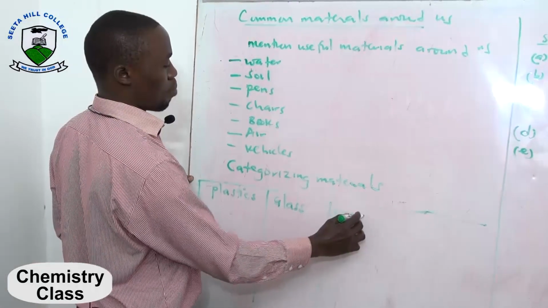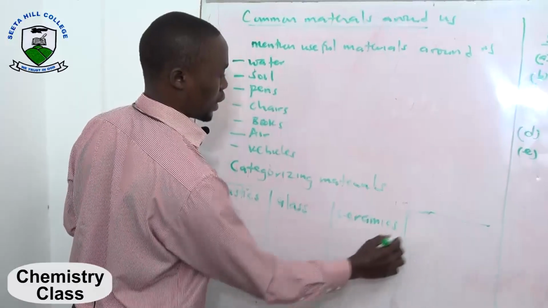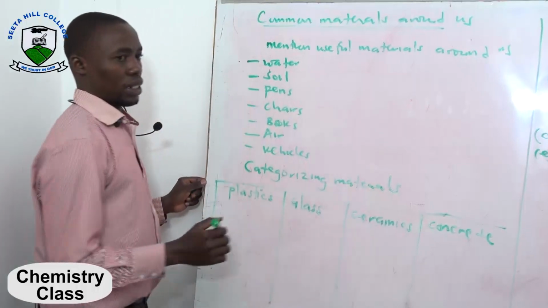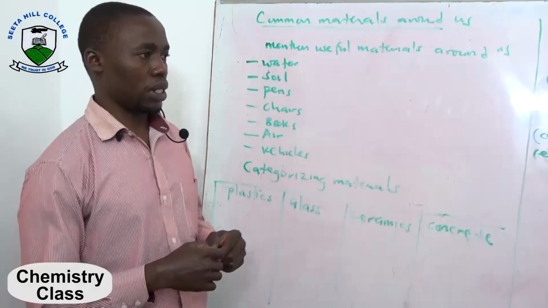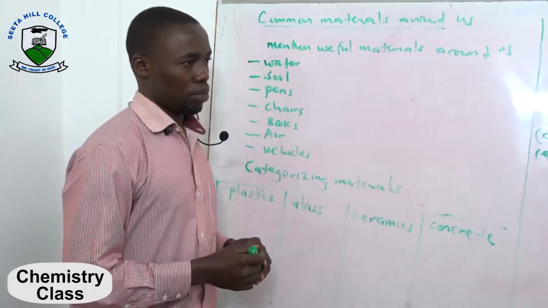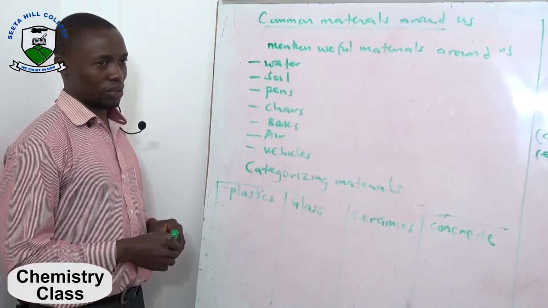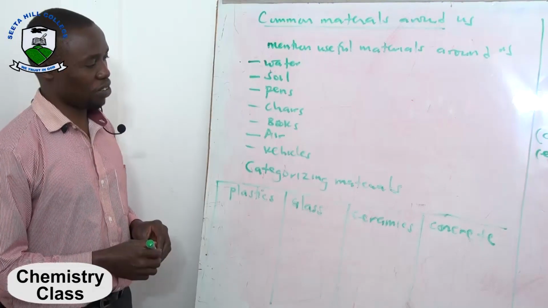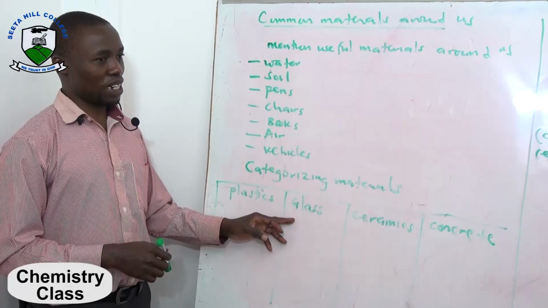Categorize them as ceramics, those made from clay. Concrete, those that have a component of cement and sand in them. Can you categorize them in just 5 minutes? Give some plastics here, some glass.